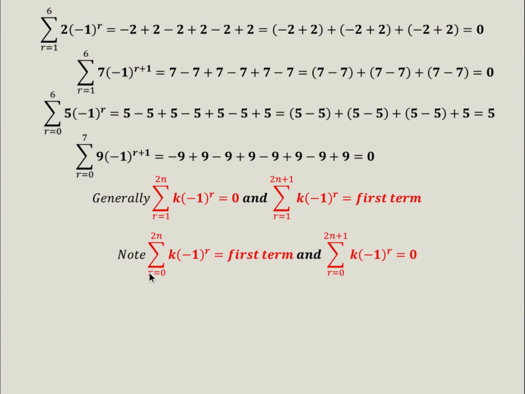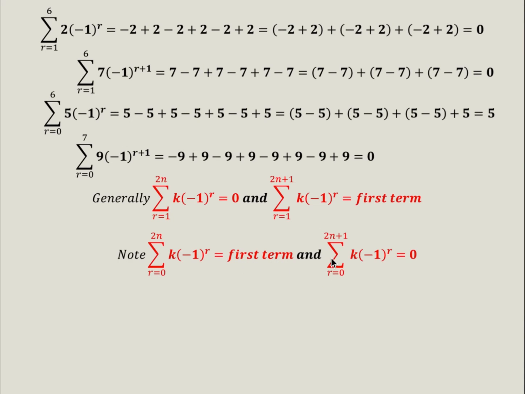In the case where we have summation from r equals 0 to an even upper limit, you are instead going to be dealing with an odd number of terms, because 2n minus 0 plus 1 gives an odd number of terms, and instead in this case the terms would cancel out to leave out the last term, which usually corresponds to the first term.